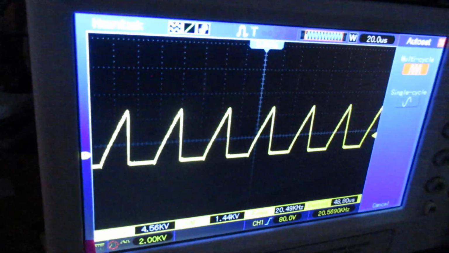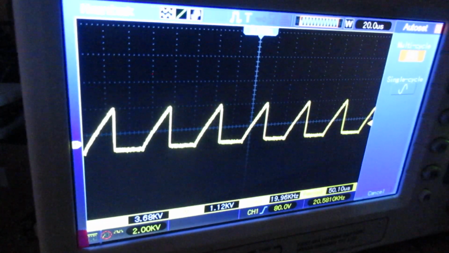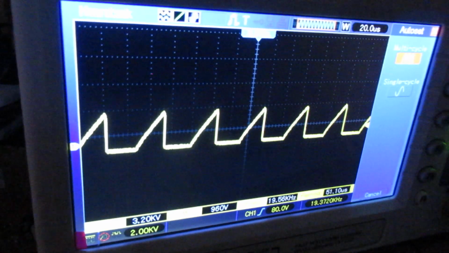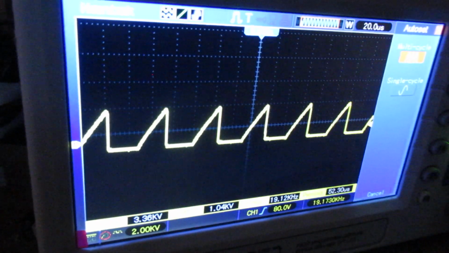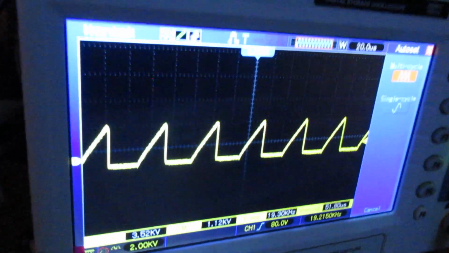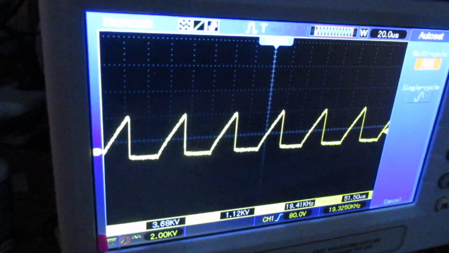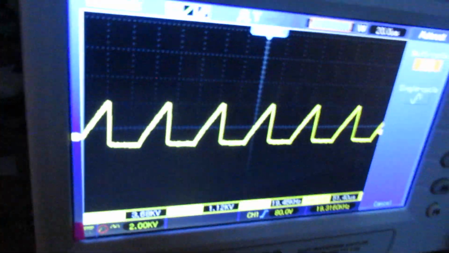So now I want to go to 12 volt to show what is happening in the circuit. Now it's 12 volt, and like I told, with the astable multivibrator, there's a direct relation between the supply voltage and the frequency. Anyway, now I'm on 19 kilohertz.